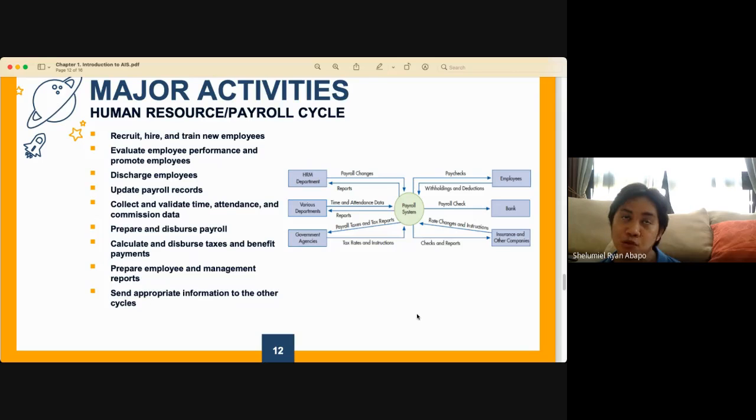Meaning the total amount here will be debited from the account of the firm or the company. And then these deductions from the cash of the company will automatically be credited to the bank accounts of the list of employees, per line item, meron yun siyang equivalent na salary ng employees.